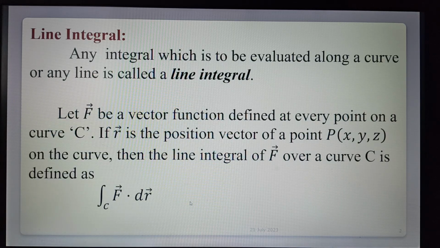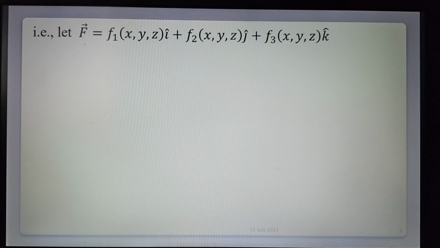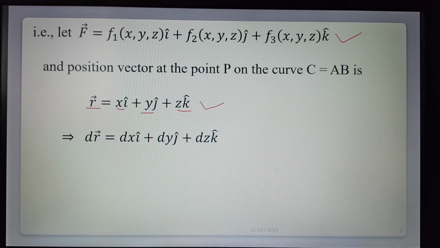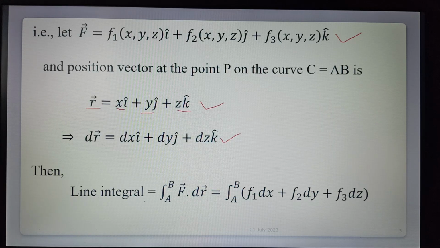How do we evaluate this value? Let f bar equal f1 i plus f2 j plus f3 k, where f1, f2, f3 are real valued scalar functions in x, y, z, and the position vector at any point P on the curve C (AB) is r bar equal to x i plus y j plus z k. Then dr bar equals dx i plus dy j plus dz k. Therefore the line integral along the curve AB is the integration from A to B of f bar dot dr bar, the dot product of the two vectors, which is f1 dx plus f2 dy plus f3 dz.